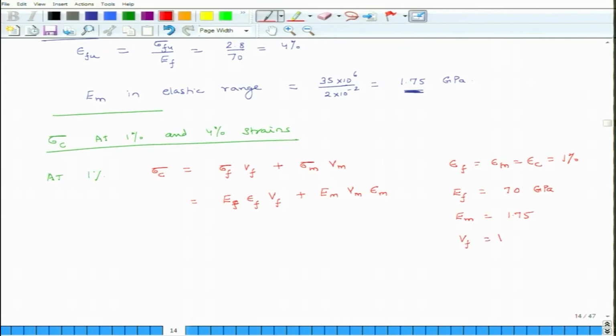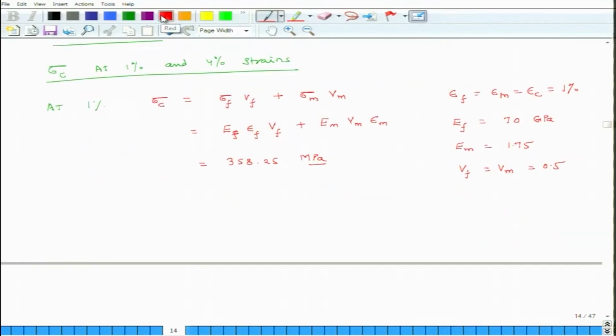Vf is equal to Vm is equal to 0.5, 50%. So, we put all this information in and we compute it to be 358.25 megapascals at 1% strain.